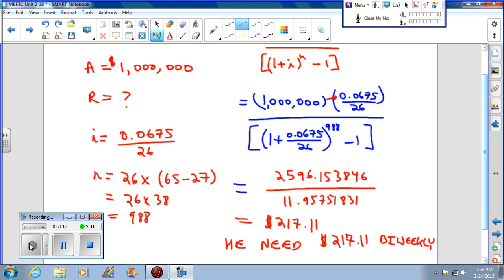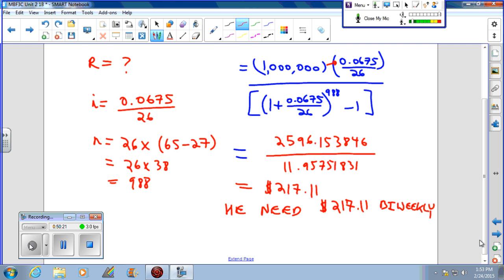So, that's not an outrageous amount of money, is it? I mean, it's a lot of money, but it's not an outrageous amount of money. Let's say that he was looking at buying a new truck. We looked at that the other day. Maybe the new truck is $800 a month, which would be something like $400 biweekly, right?